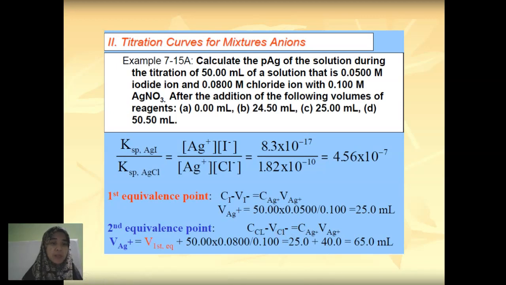Therefore the first equivalent point is at 25 ml, and the second equivalent point is 25 ml already in the flask plus another 40 ml, which makes the reaction complete with the chloride ion. Therefore the second equivalent point is 65 ml.